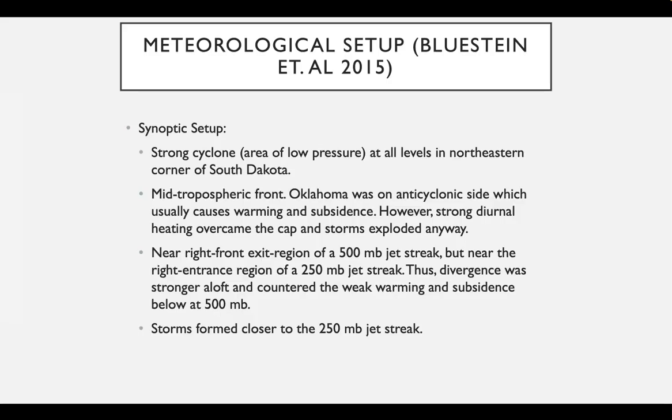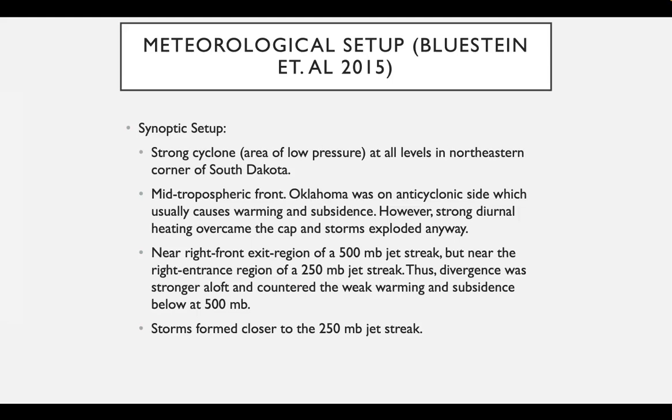There was a mid-tropospheric front, so that means the front is not at the surface, but in the middle troposphere, and Oklahoma was on the anticyclonic side, which usually causes warming and sinking, and that's bad for severe weather. However, strong heating throughout the day was able to overcome that, and the storms exploded out anyway.